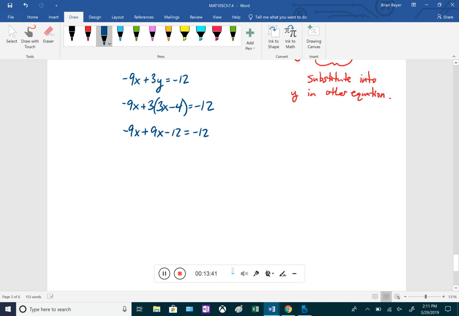So once we get to this point, once again, those variables are going to cancel, and we're left with -12 equals -12. So this time the variables canceled, and we got a true statement. If the variables cancel and we get a true statement, that means these equations are actually the same and there's infinitely many solutions.